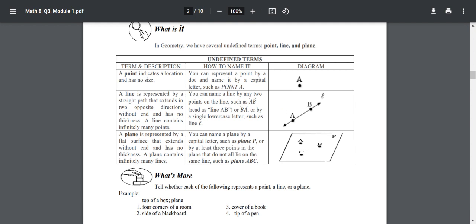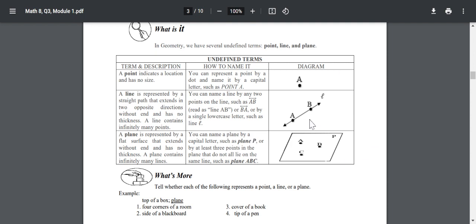That is the symbol of a line, since it extends in opposite directions and has no end. That is the meaning of the two arrows on top. And this is read as line AB or line BA or by a single lowercase letter such as line L. When we use a single letter, it should be lowercase.